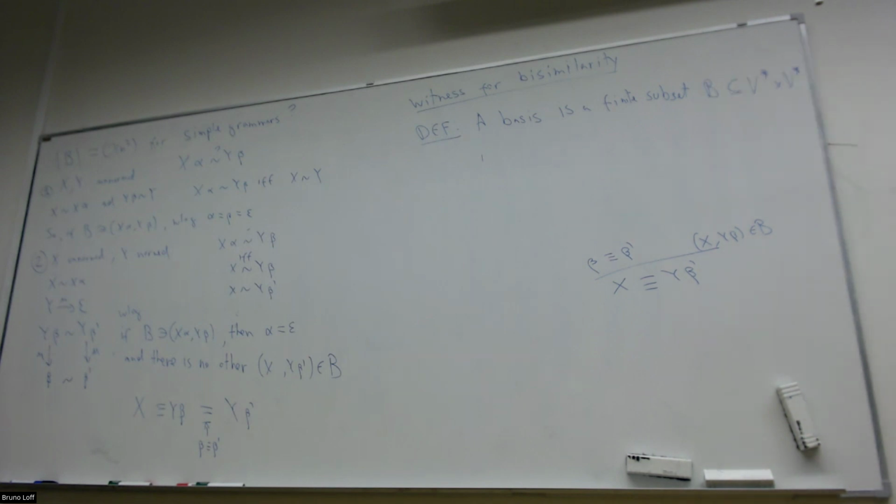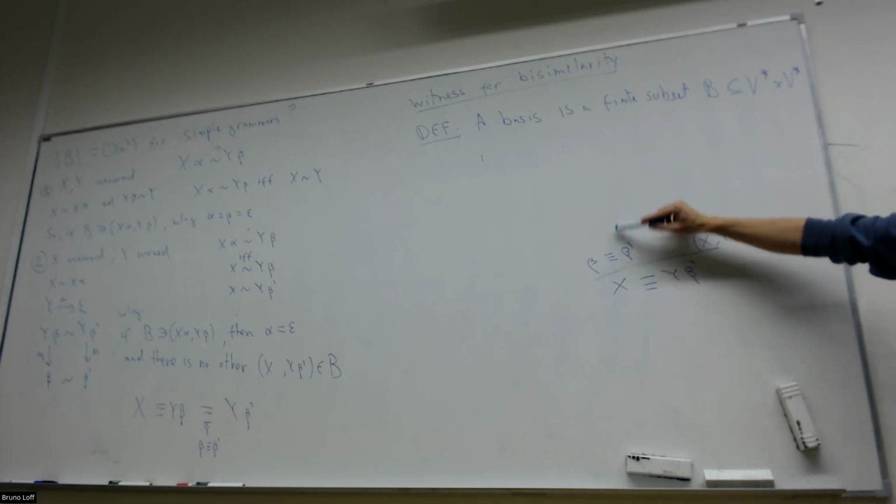So the answer is that, as I said, the notion of congruence that we use is a little bit different, okay? And it's actually a co-inductive definition. I haven't told you about co-induction yet, but what I mean is that essentially I allow infinite proofs. So maybe this proof will continue.